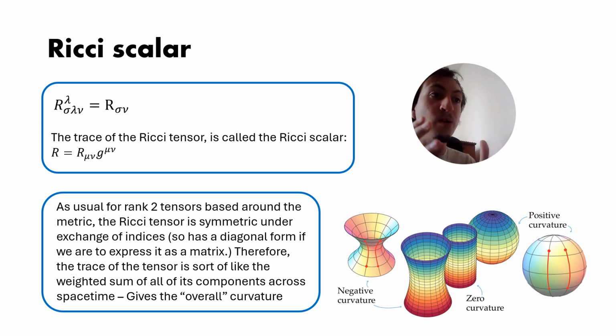So we've gone on quite a long journey. We've gone from a Riemann curvature tensor to a Ricci tensor to a Ricci scalar, and now we're going to bring our Ricci tensor and our Ricci scalar together to describe our Einstein tensor, which appears in the Einstein field equations.